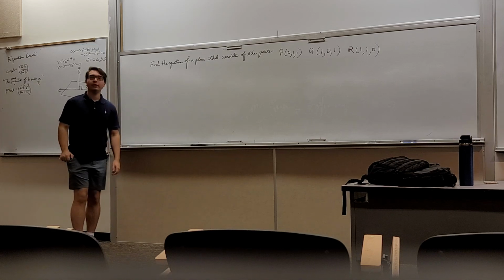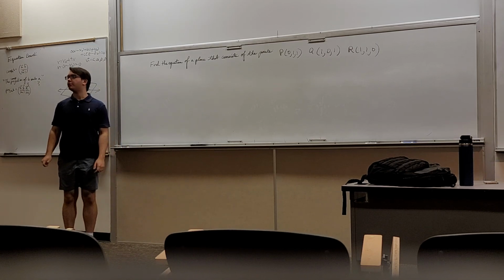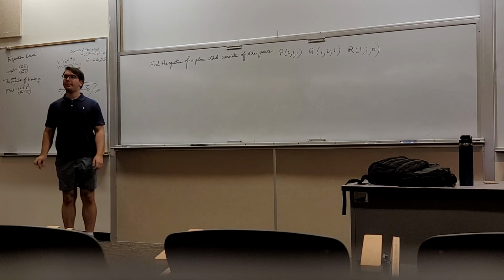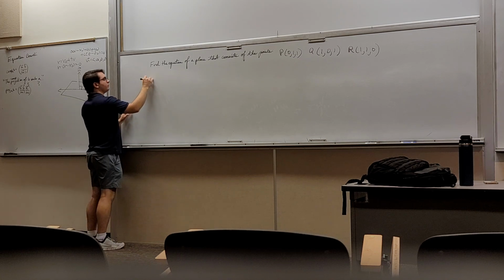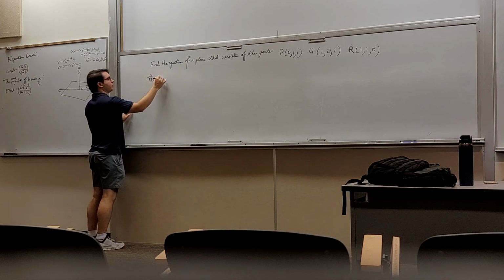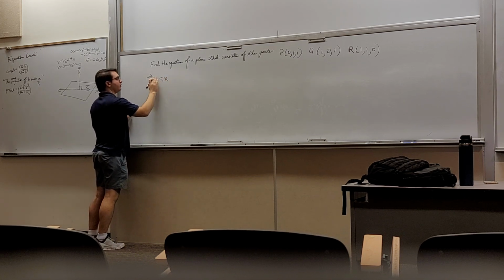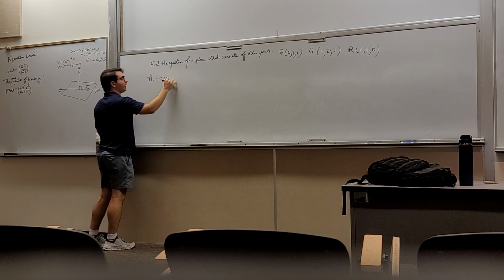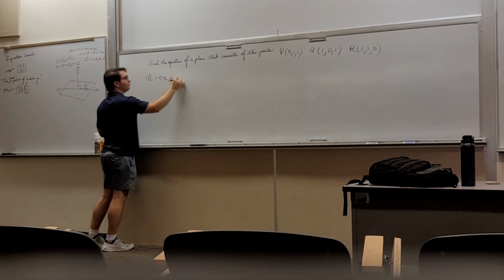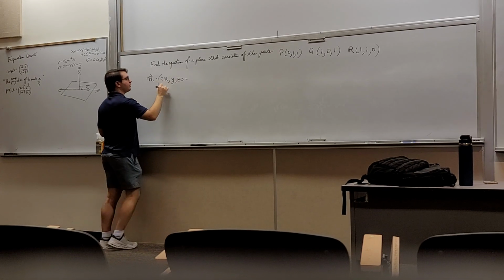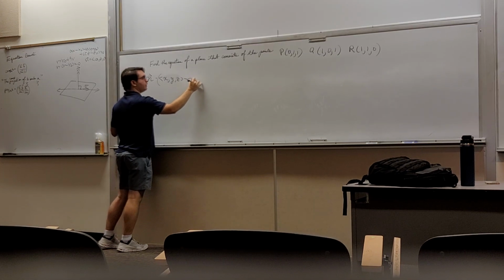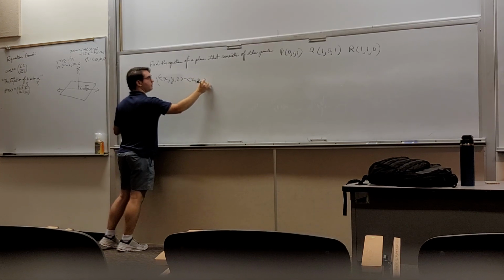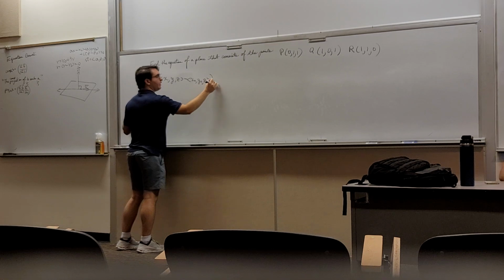First off, what is the base equation for a plane? Yeah. The normal vector dotted with the position vector minus some point. Okay, good. So n dot with x, y, z minus x naught, y naught, z naught, and that will equal 0.